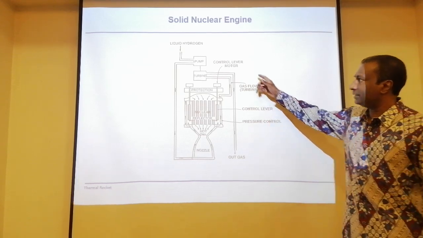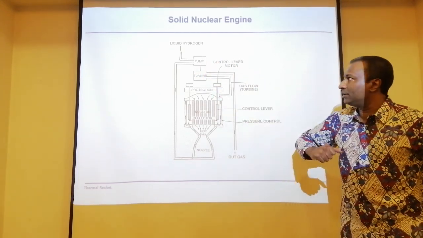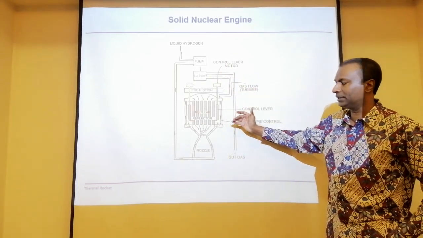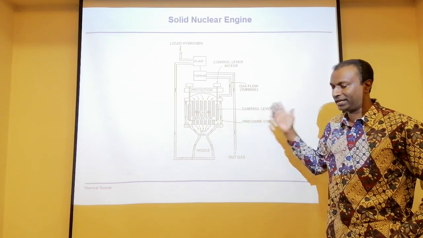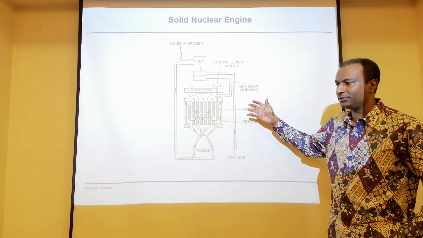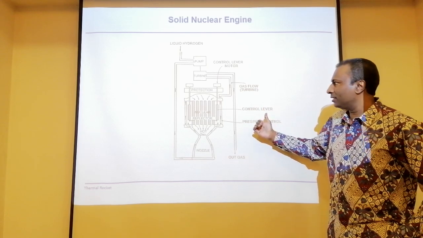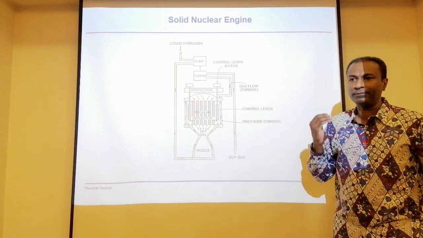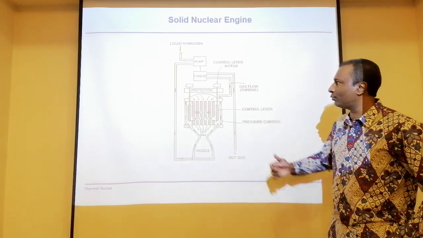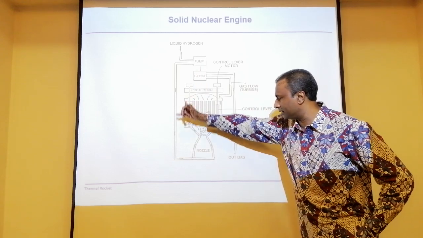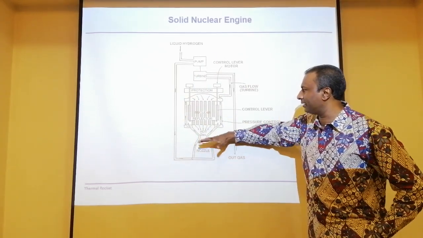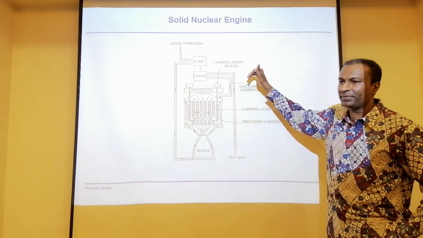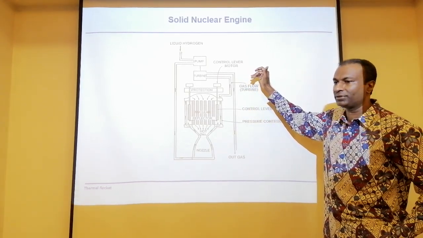If it's liquid hydrogen, you have a turbine, but this is a nuclear sort of solution, which I just want to share. There are nuclear concepts, nuclear engines, which run this way. As we know, when we start dealing with nuclear, there is a huge amount of heat that can be used. So the pumped fuel goes through this nozzle, is heated up again, and then you purge out the gas.